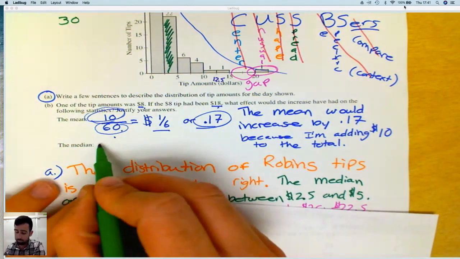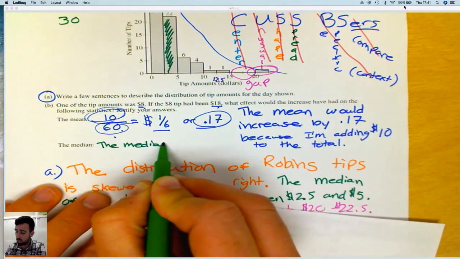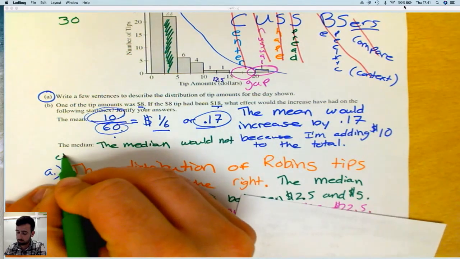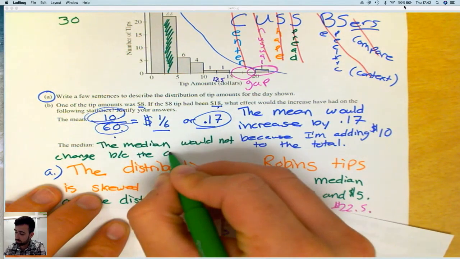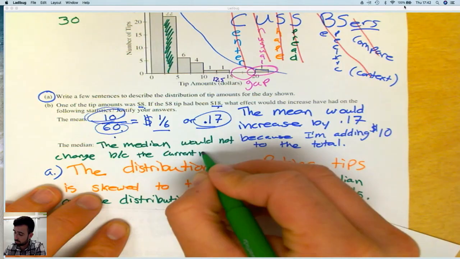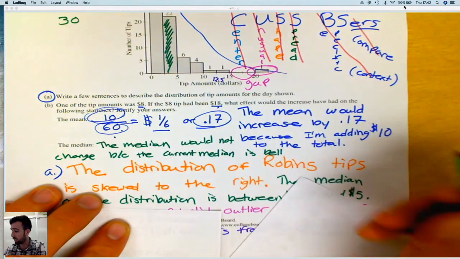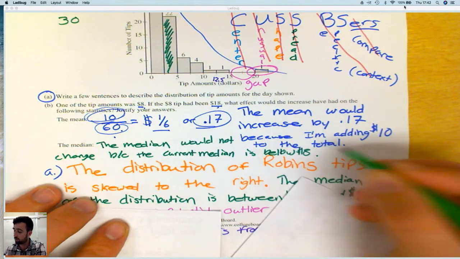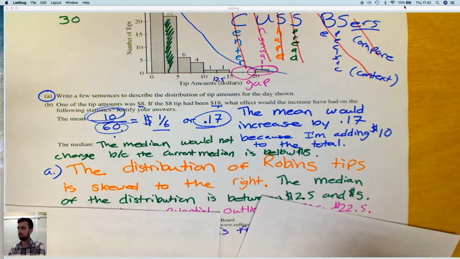So actually the median would not change, because the current median is below $8. So moving it up wouldn't make any sense. Sorry, it is all stuck together. I'll fix that next time.